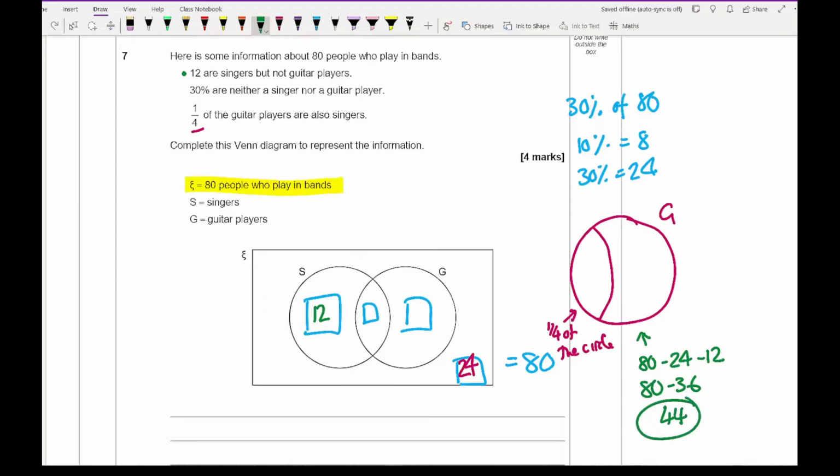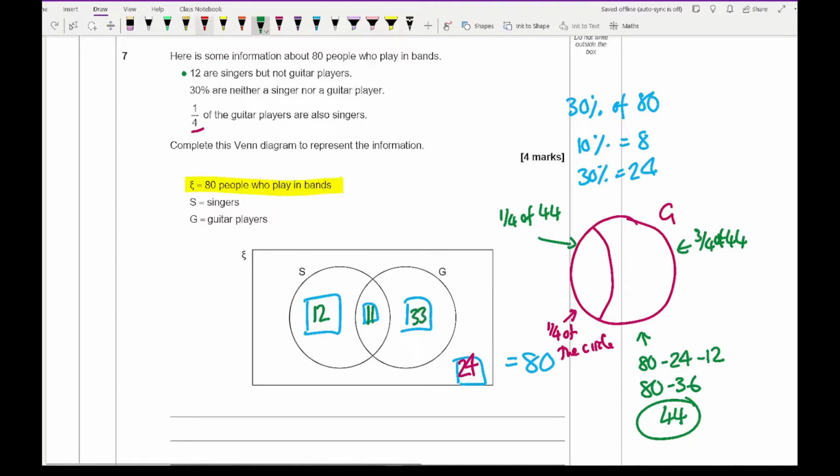Now a quarter of 44 is this, and 3/4 of 44 is that bit there. So a quarter of 44 is 11, and 3/4 of 44 is 33.